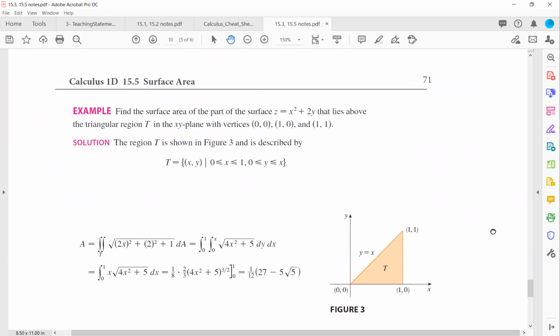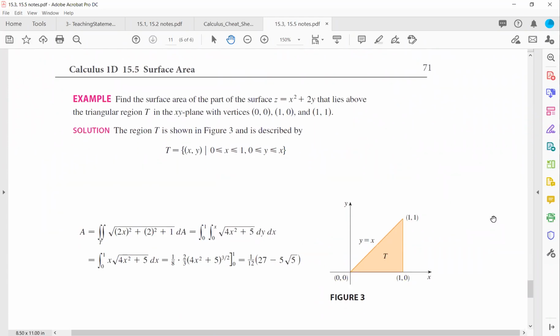Last example. Find the surface area of the part of the surface. Very well, we have our two-variable function that lies above the triangular region T in the xy plane with vertices (0, 0), (1, 0), and (1, 1). So we have our function f of x and y.